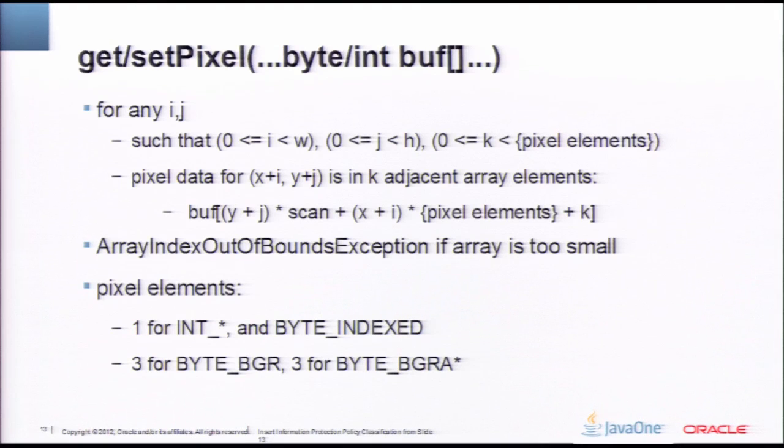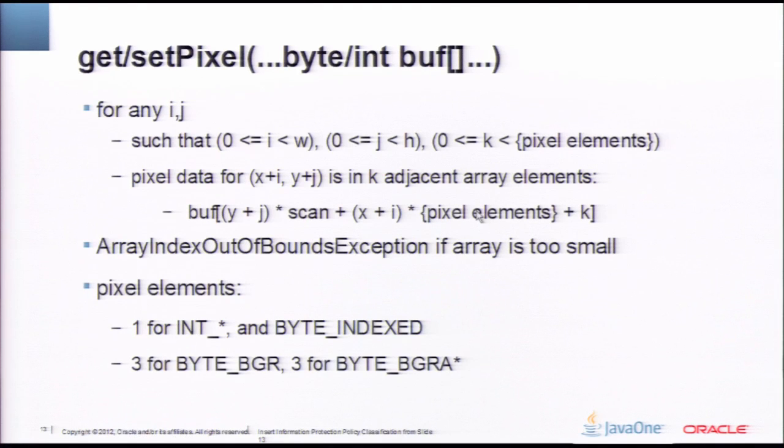So the exact formula for how we will access your buffer for any pixel in the region that you specified, the XY width height region, the corresponding Y is multiplied by the scan you give us. Then we take the corresponding X, we multiply it by the pixel elements that are inherent in the format.